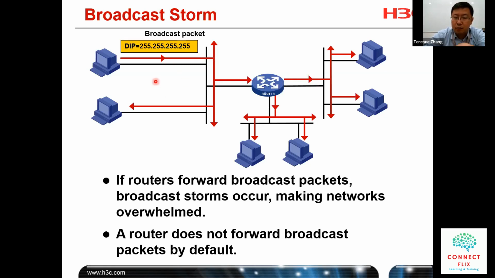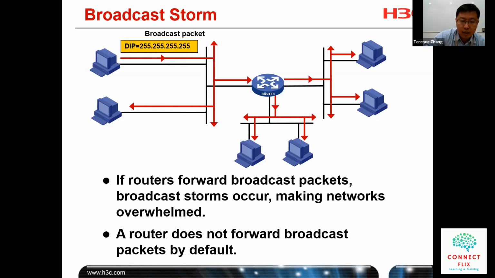But in the situation we mentioned on layer 2, if the destination MAC is full F, that will cause a layer 2 broadcast domain. So the layers are different, and they both have broadcast domains. The method to stop them is also different, right?